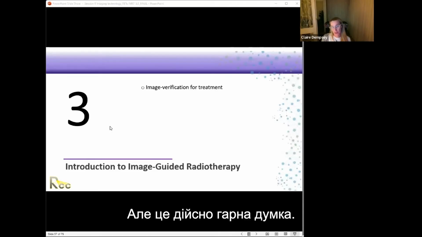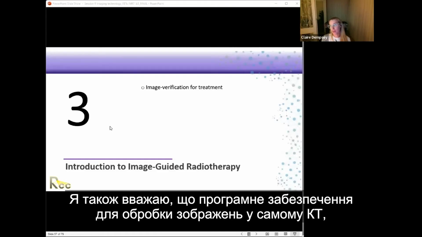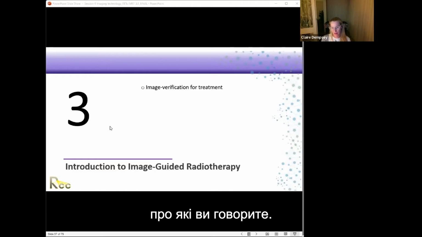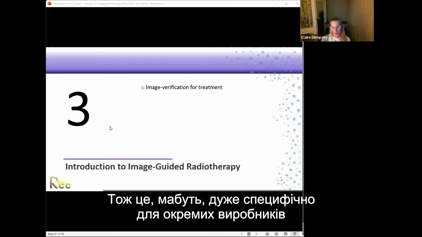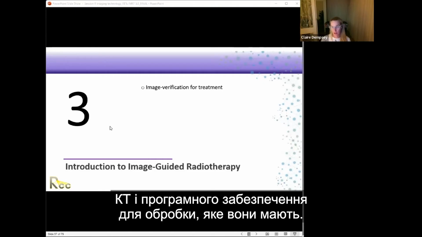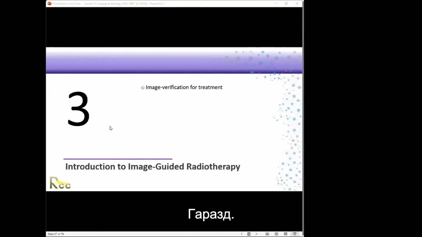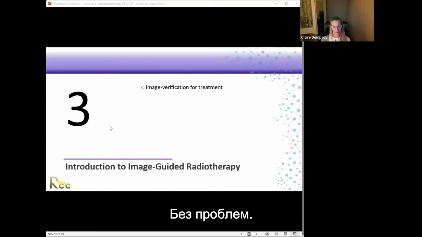But it's a really good thought. I would also think that the image processing software within the CT itself would probably account for a lot of those things you're talking about as well. So it's probably very specific to individual CT manufacturers and the processing software that they have. Okay, if that makes sense. Thank you, yes, it does. Thank you very much. No problem.